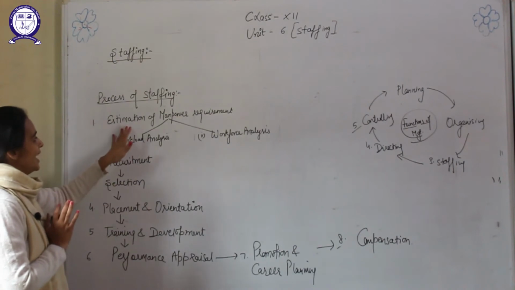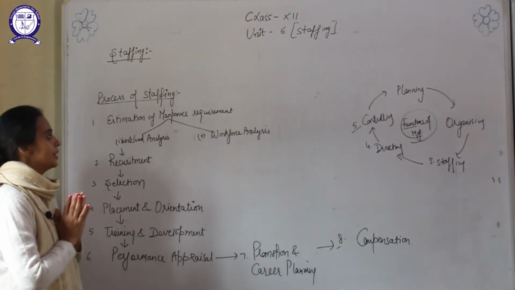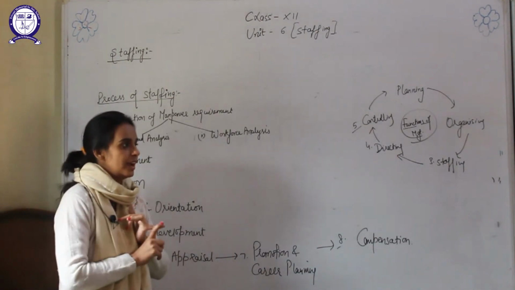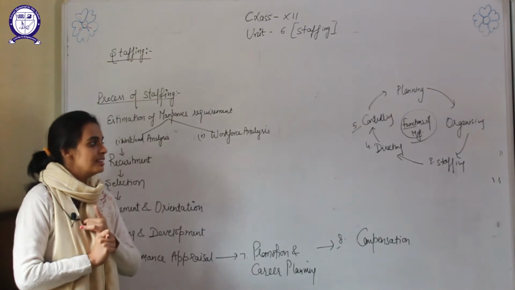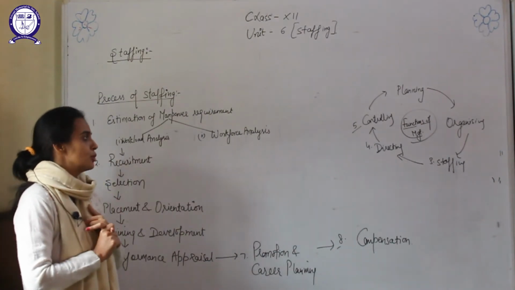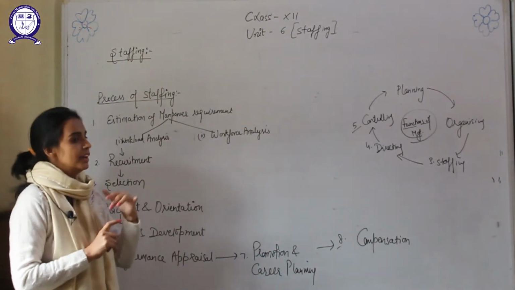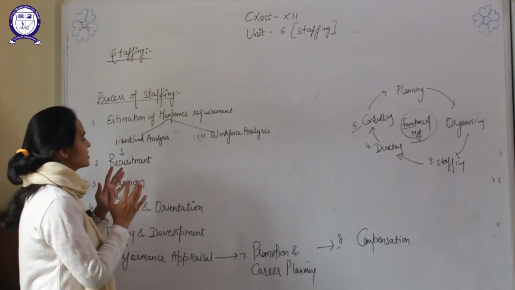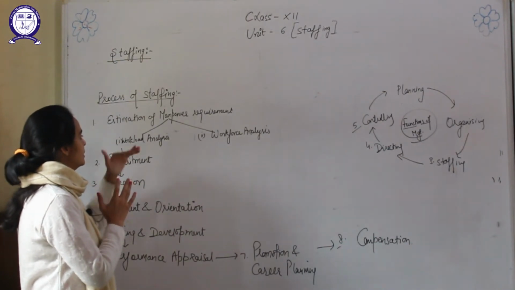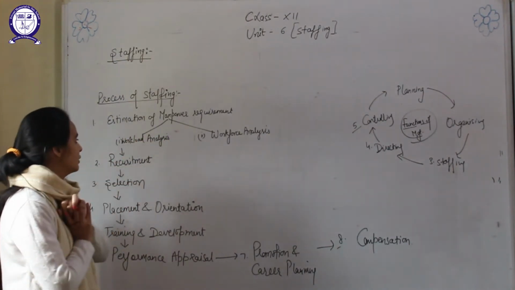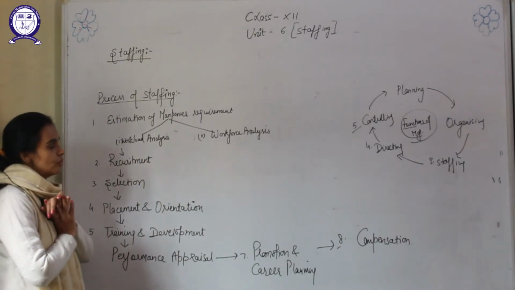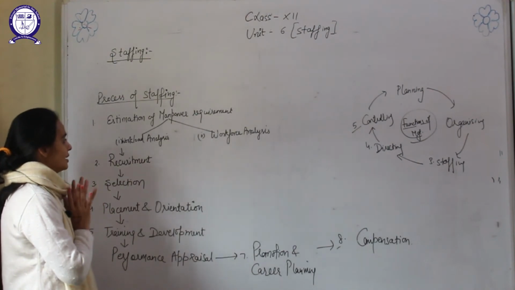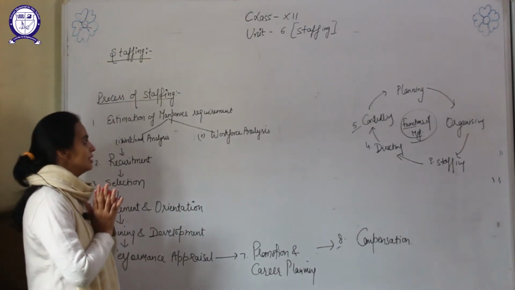The first step is the estimation of manpower requirement. First of all, identify how many employees are required, which types of skills are required, and for which post. This step is covered with the help of two analyses, the workload analysis and the workforce analysis. Under the workload analysis, the HR manager analyzes how many employees are required as per the jobs.